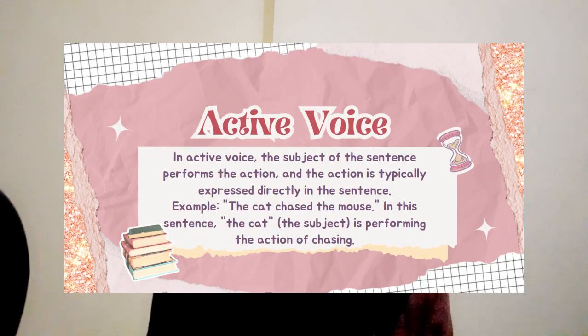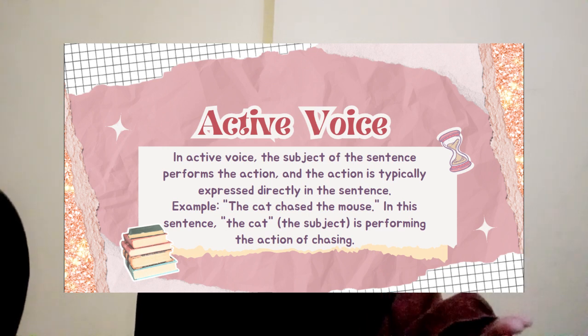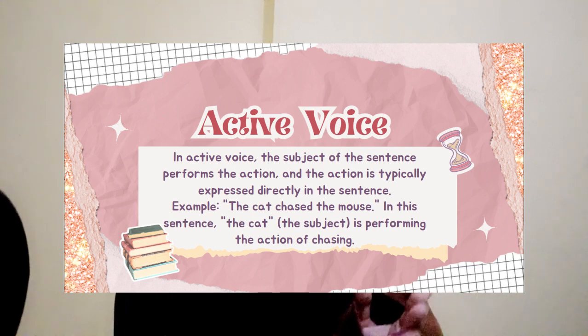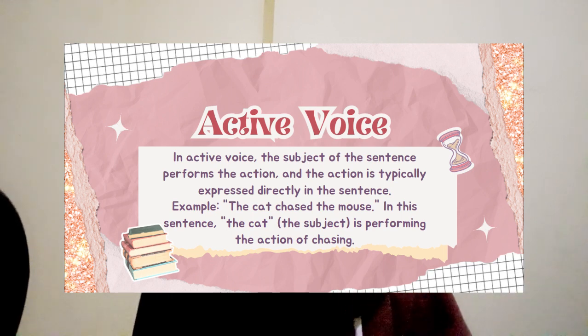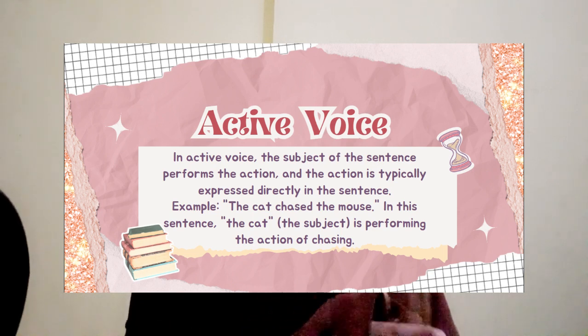We are going to move on to the second material. It is active voice. In active voice, the subject of the sentence performs the action, and the action is typically expressed directly in the sentence. So, for example, the cat chased the mouse.